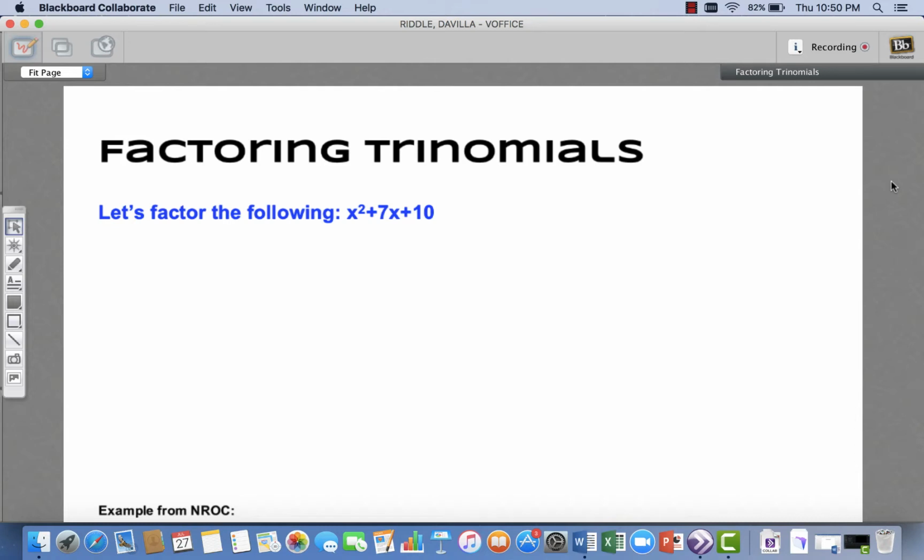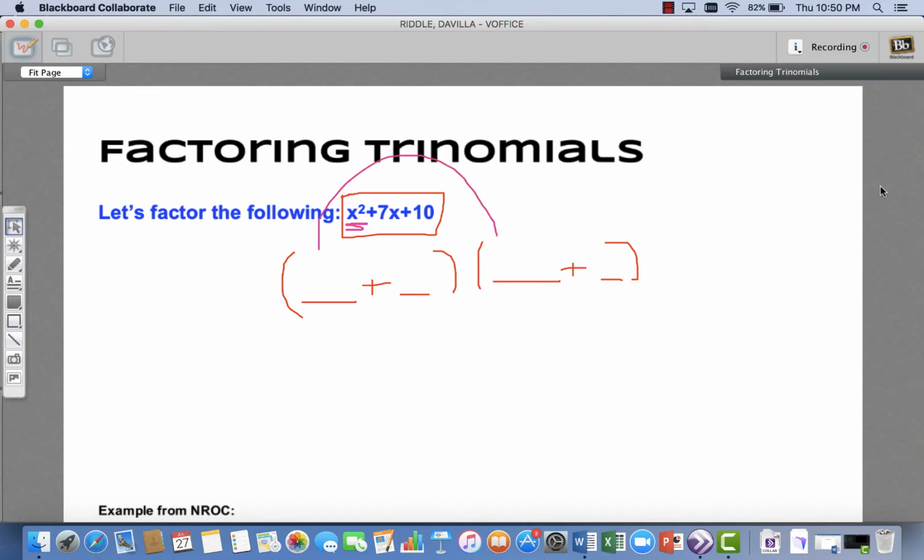Okay, this is a little bit different as well. It's going to be factoring trinomials. So now we have three different terms in this expression. And our answer looks something in the form of this. And what we want to do is we want to have these two terms equal the first term when we multiply them together.